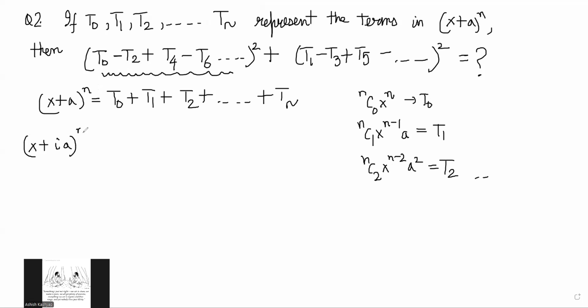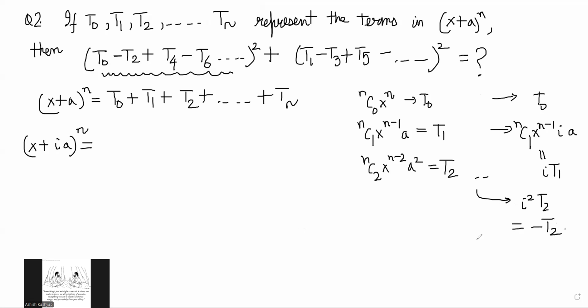So what I'm doing is this. Notice what will happen to t0. t0 remains t0 even after replacement. But the next term will become nC1 x^(n-1) ia, so this is equal to i times t1, right? t2 will become i^2 t2, which will be minus t2, right?